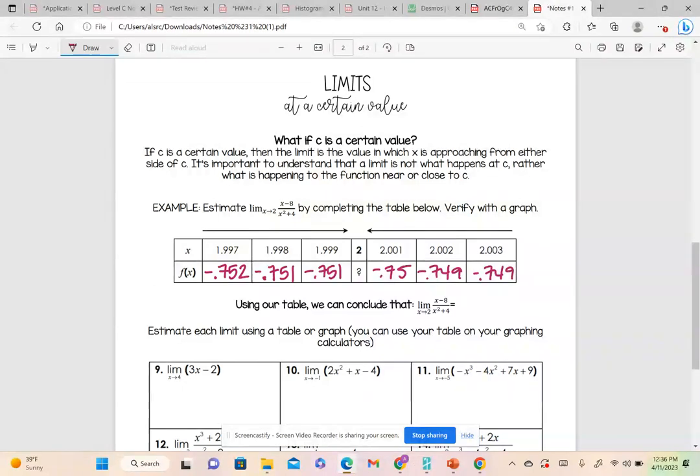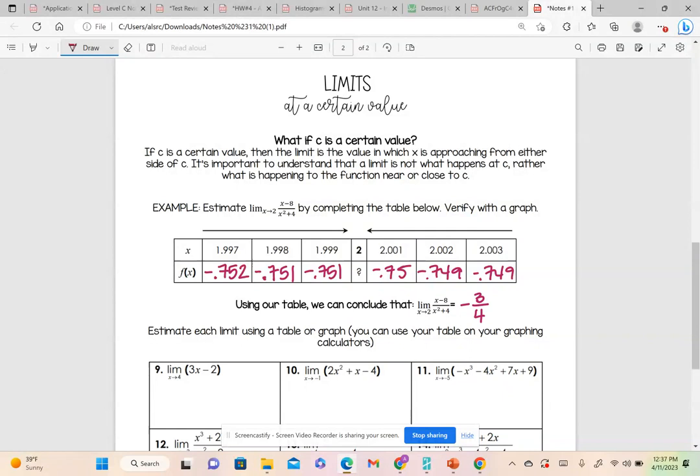Close enough to that? What does it look like it's approaching from the left, and what does it look like it's approaching from the right? What's it really, really close to? Negative 0.75, which is the same as negative 3/4. You're trying to get the value for which it's coming on both sides.